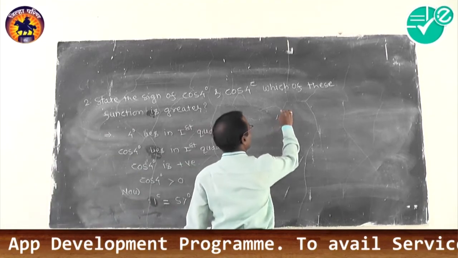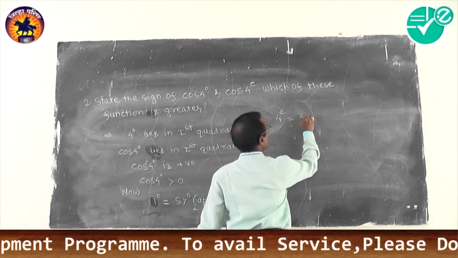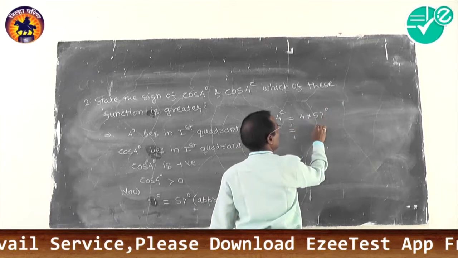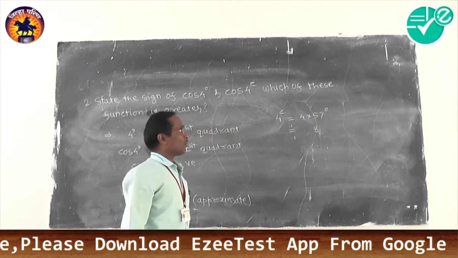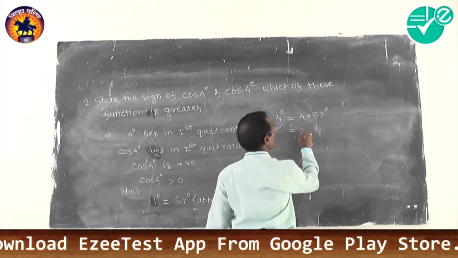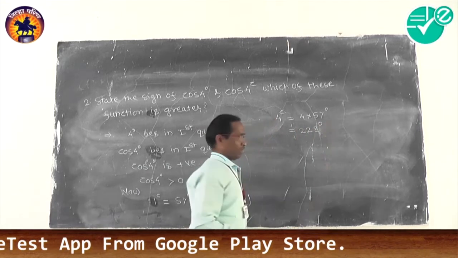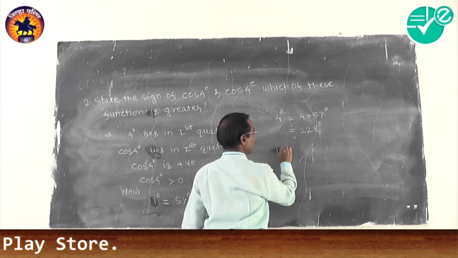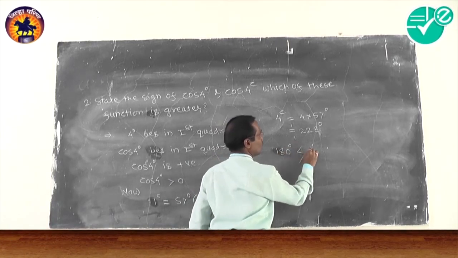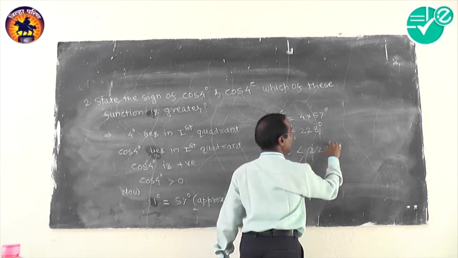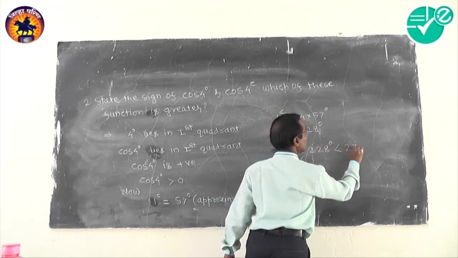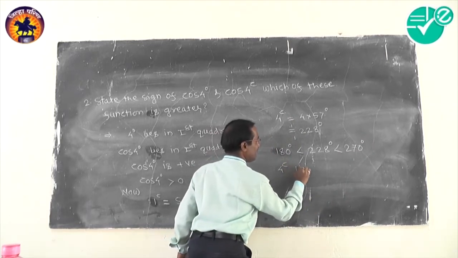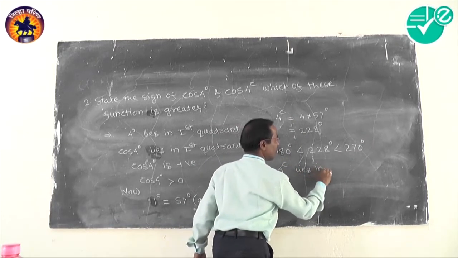Then 4 radian can be written as 4 into 57 degree. 4 7s are 28, 2 carry. 4 5s are 20, means 228 degree. And the measure of 228 degree lies between 180 degree and 270 degree. Means 4 radian lies in third quadrant.